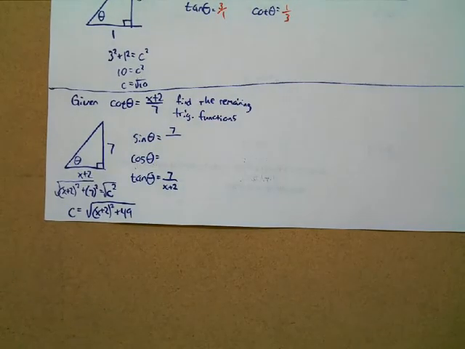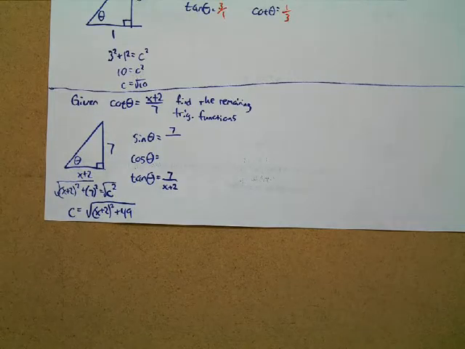And so sine of theta here would just be 7 over the square root of the quantity (x + 2)^2 + 49, right? That's how we write that ratio because of the different variables in there.